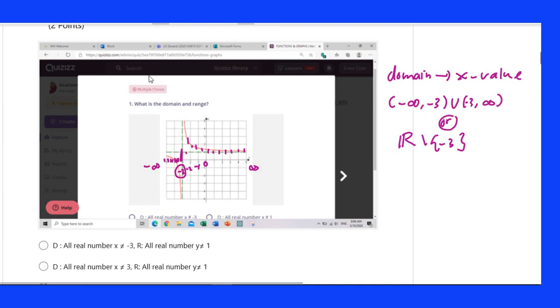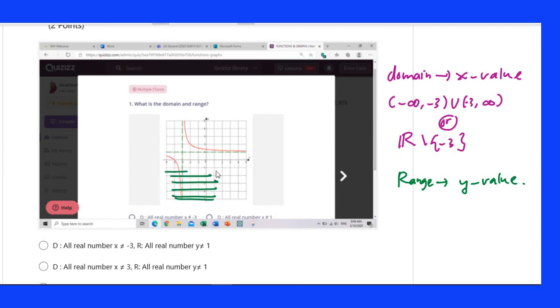How about range? Range refers to the Y value. Okay, check the Y value. Here we have graph until the dotted line, so there is no graph here. This line is 1.